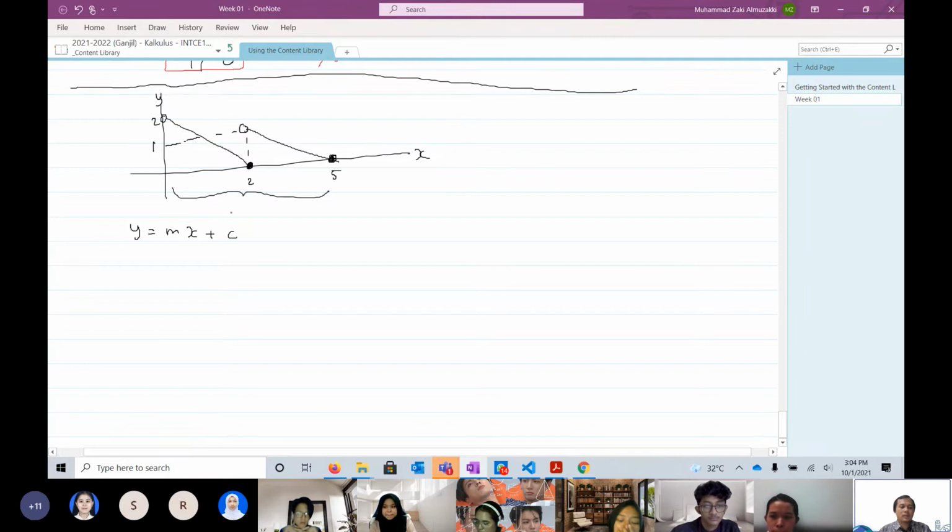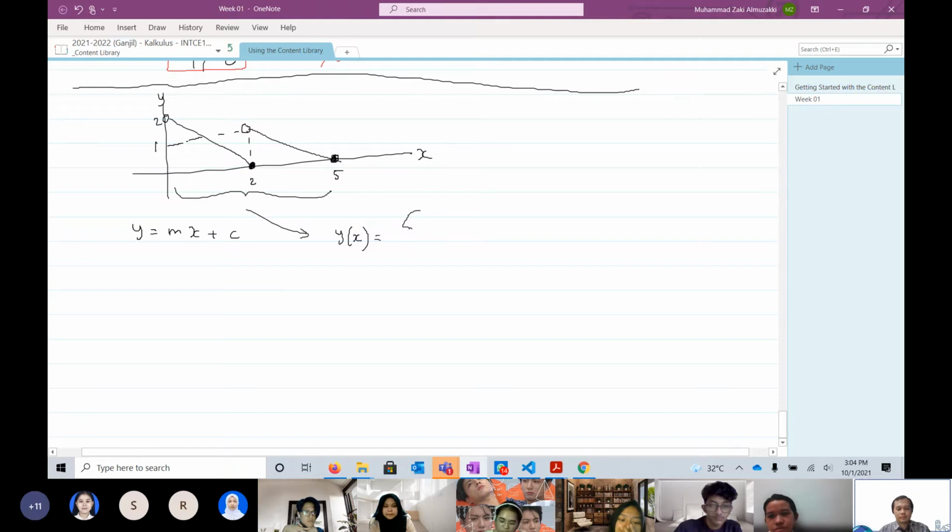Particularly for this graph, we will have y of x equal to minus x plus 2 when x is from 0 to 2, but 0 is not included.